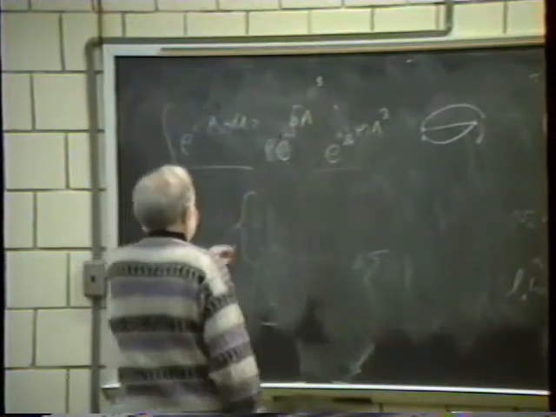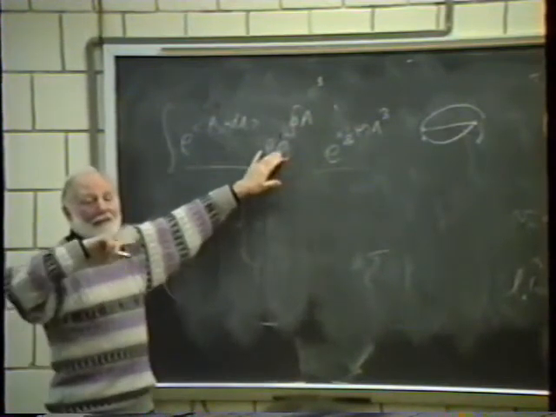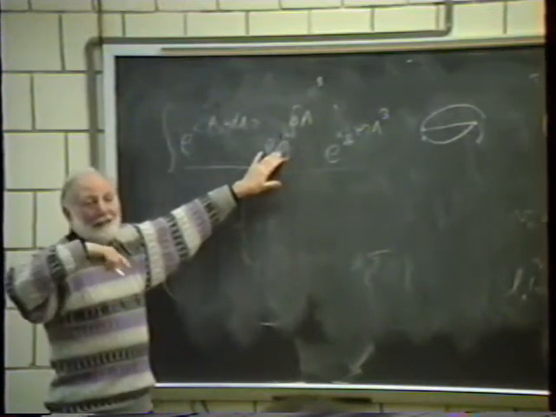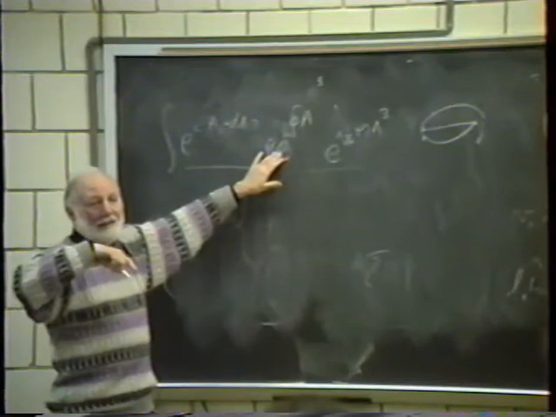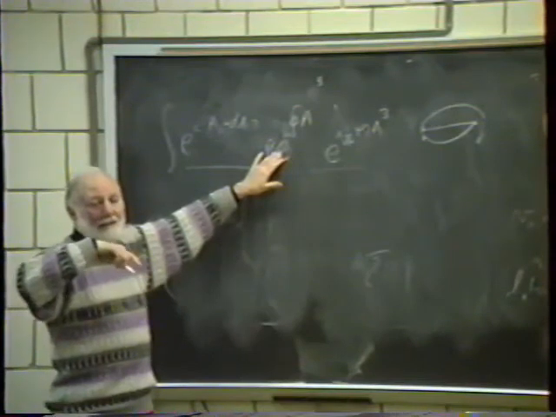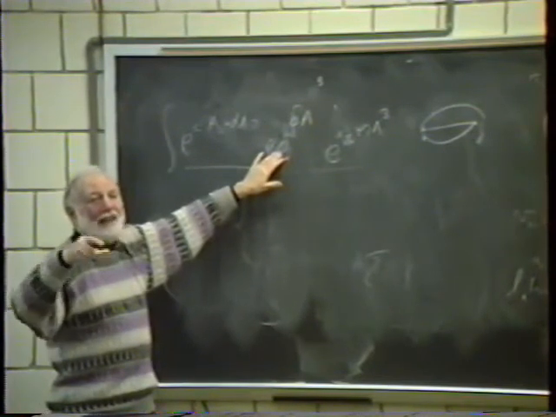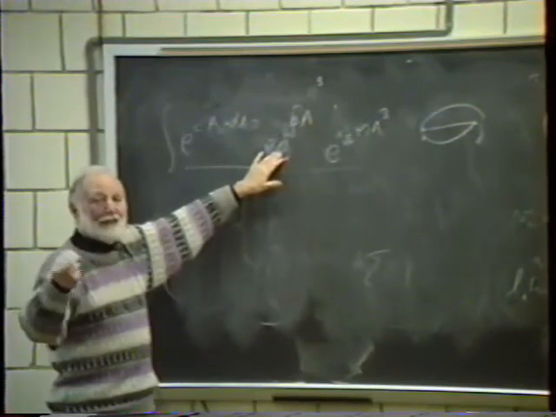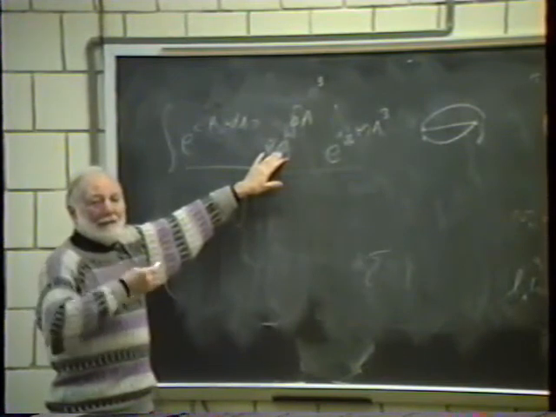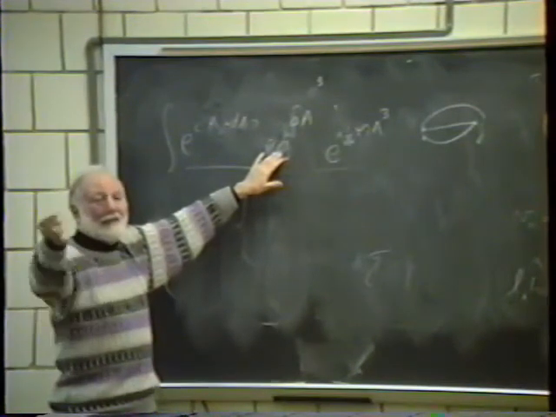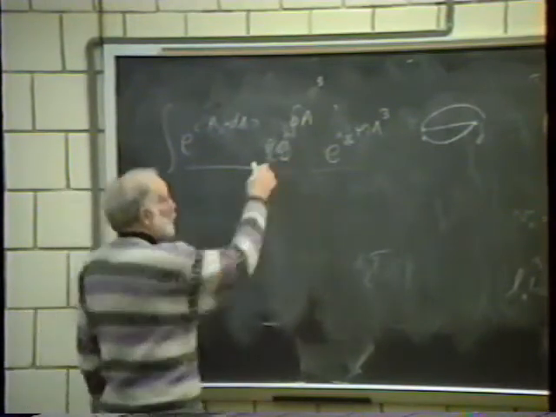Because I'll tell you how to do it. Remember what parallel transport means. It's not an integral anymore, it's a solution to a differential equation. Namely, u inverse u dot is a. To solve that differential equation, you can solve it formally by integrating more and more times, by repeated integrals. That's what you do here.